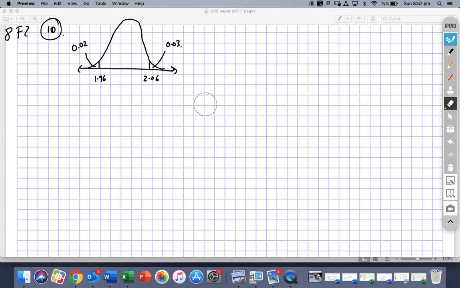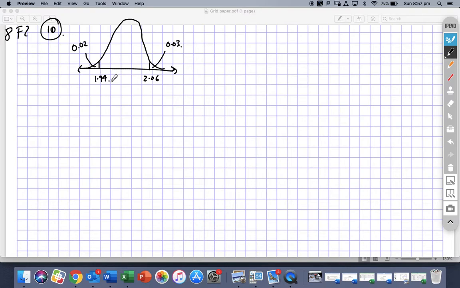And I think that's actually a 1.94. Right? So there's 95% of the probabilities in the middle, but we don't know exactly where the mean is, although I'm guessing it's pretty close to 2.